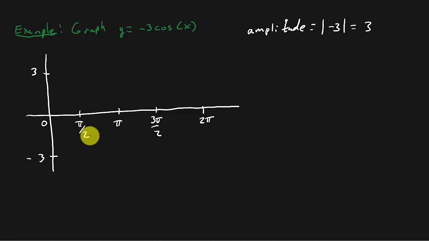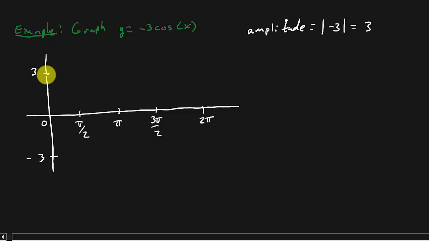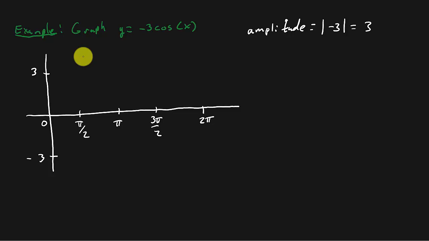Now, let's look at this. Cosine starts out at what? Its maximum, right? It starts out at its maximum up here at 3. But wait a minute, there's a negative in front. So what does that negative do?